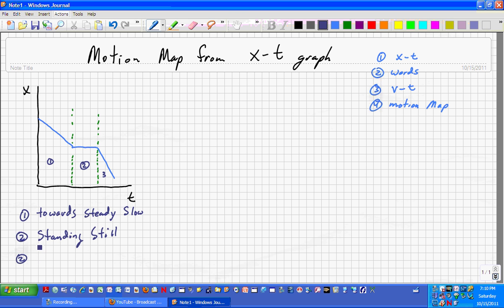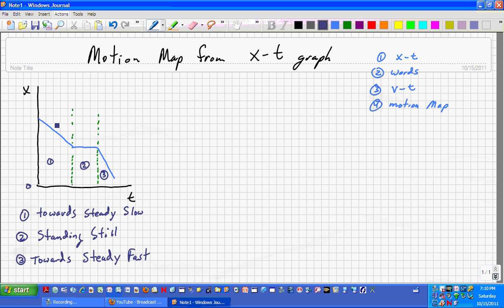This is still moving towards, because it's getting closer and closer to our zero, to our origin starting point. Towards, it's still steady because I've got a straight line, and this is fast compared to this up here.